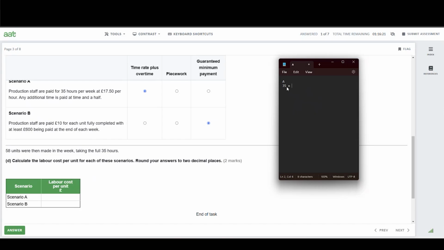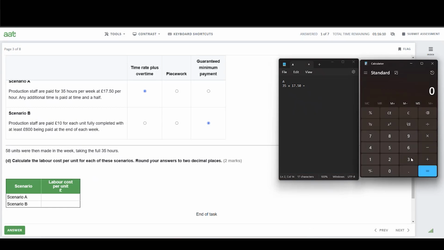So our weekly pay is 35 hours times £17.50. There was only 35 hours worked, so there's no overtime. So let's get our calculator up. So 35 times 17.50 gives us 612.50. So that's our cost per week.